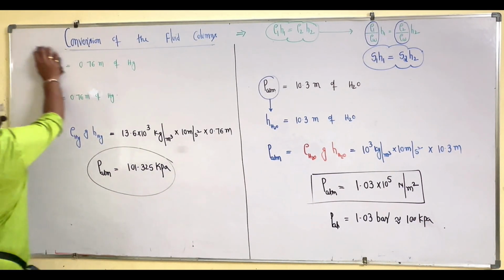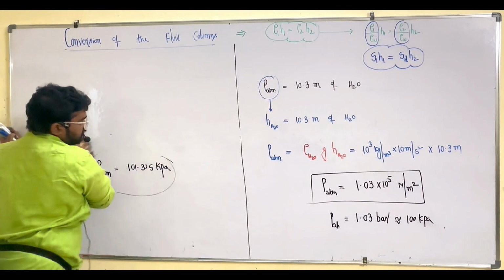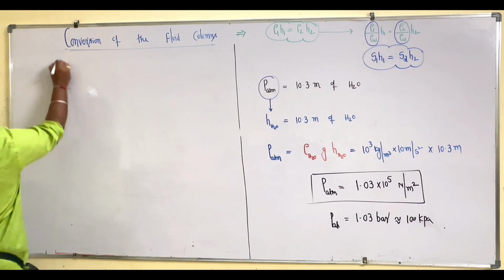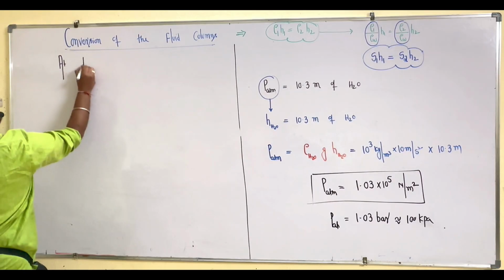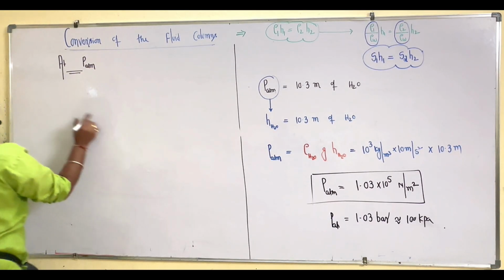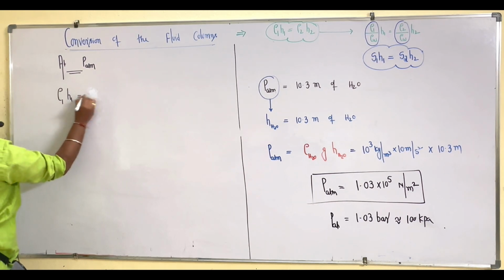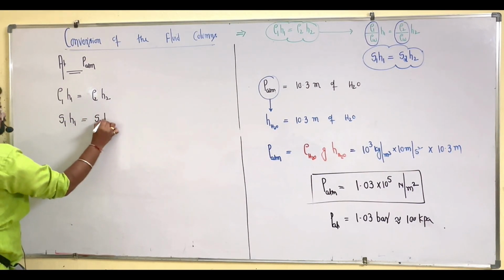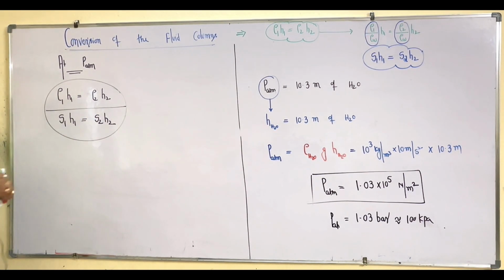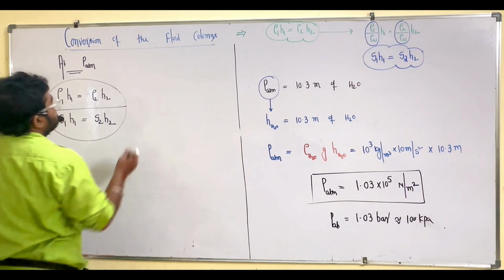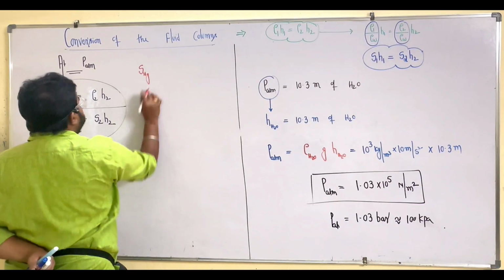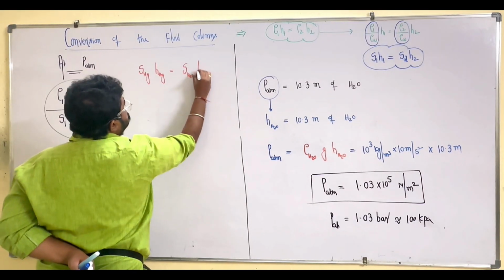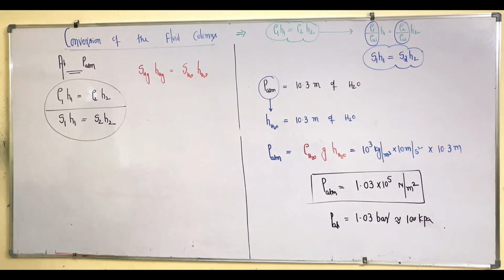So now tell me, at atmospheric pressure, ρ1H1 equals ρ2H2, or else S1H1 equals S2H2. You know this, right? Now if we apply this, how does it come? S mercury H mercury equals S water H water. Both represent the same pressure. Clear?